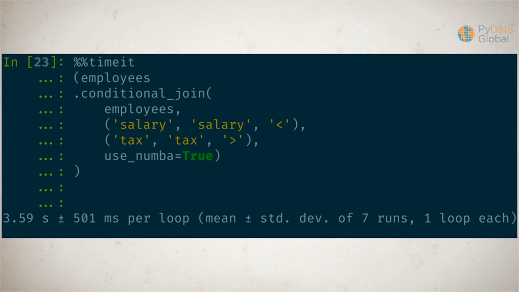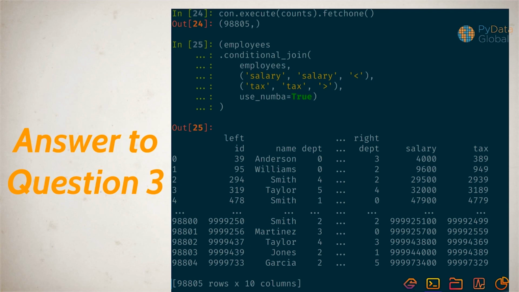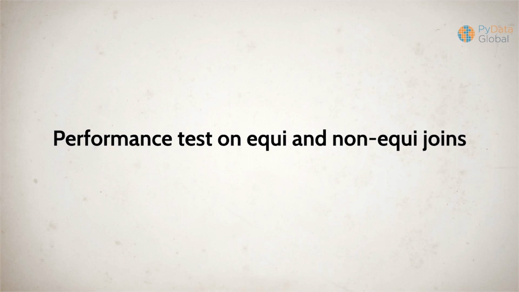When you run it with Numba, you get about 3.6 seconds. It takes forever when you don't use Numba, so that's why you can find the non-Numba code here. When you check the results, it's 98,000 rows. So imagine having to do a Cartesian join only to get 98,000 rows. It's inefficient. This gives you a better way to go about it.